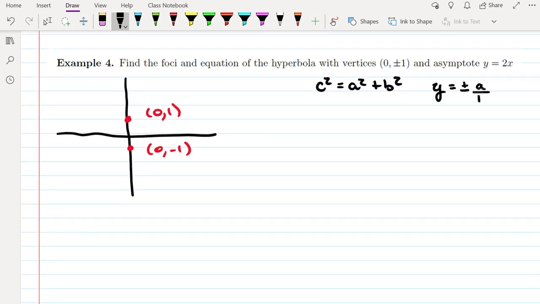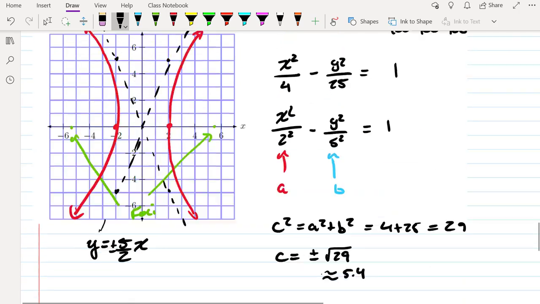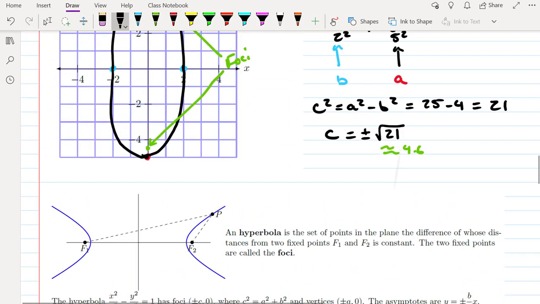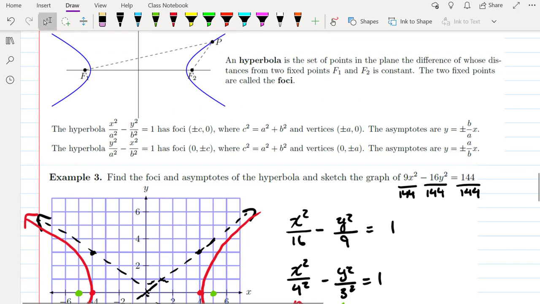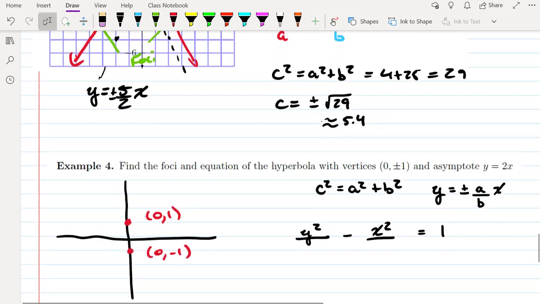Our asymptotes have the form y equals plus or minus a over b x. We have y squared minus x squared equal to 1, with a underneath the y.